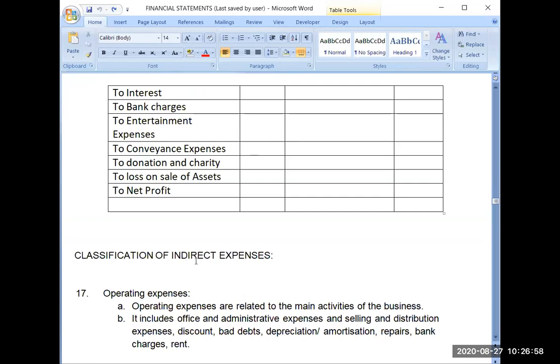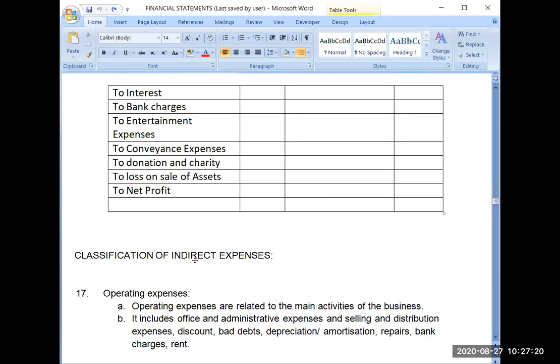Conveyance expenses, like traveling locally. Then donation and charity, or loss on sale of fixed assets. These all will have a debit balance. These are your expenses and losses, and that's why they are written on the debit side.